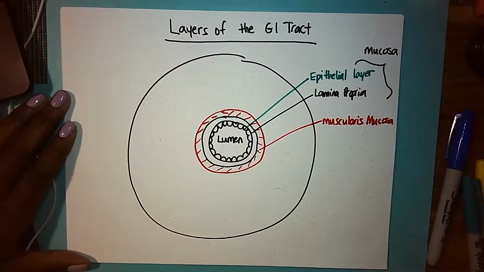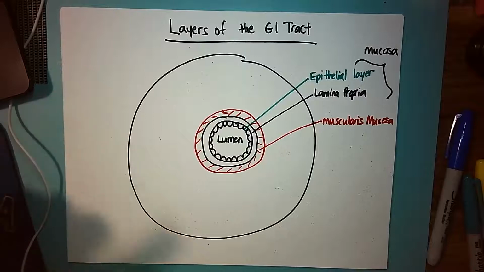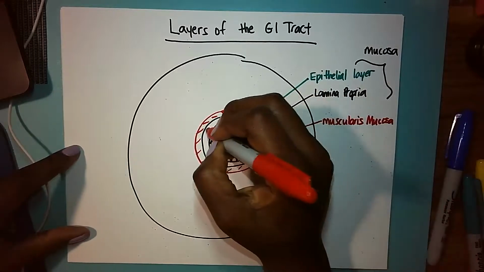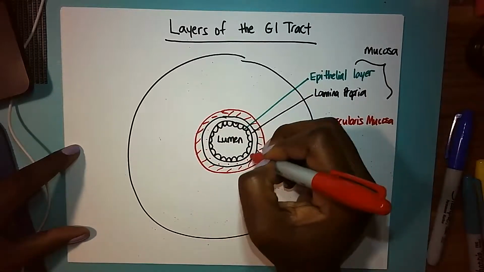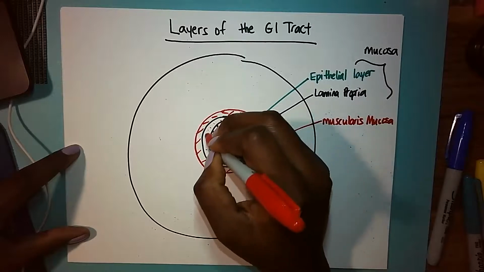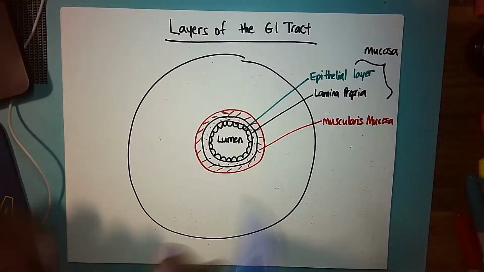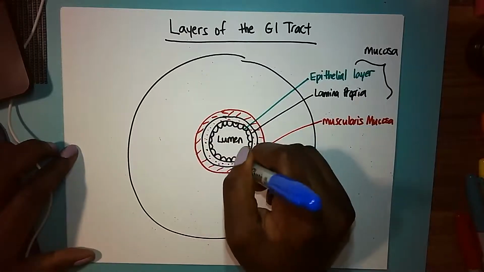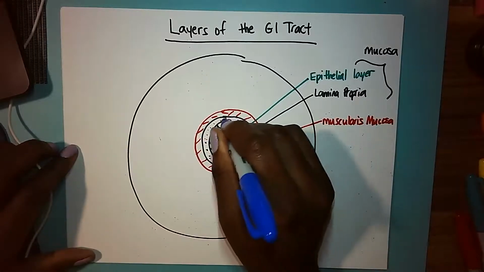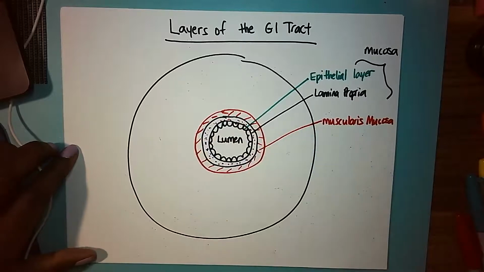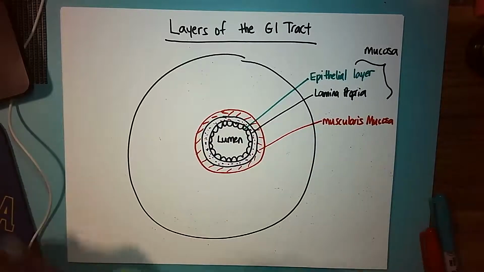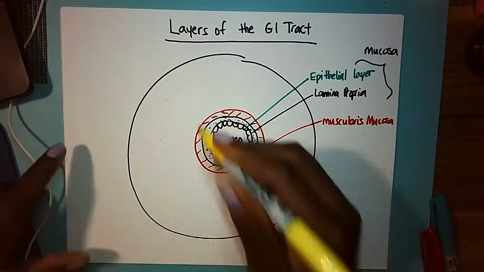So, let's mention some of the contents of the lamina propria. Now, the lamina propria is the loose connective tissue of the epithelial layer. And so it's going to have very tiny blood vessels, very tiny arteries, very tiny veins, and then very tiny nerves.